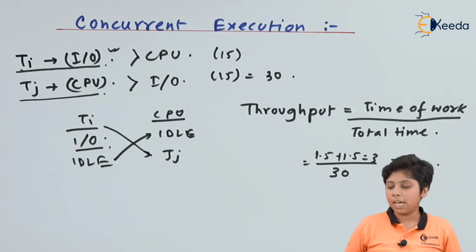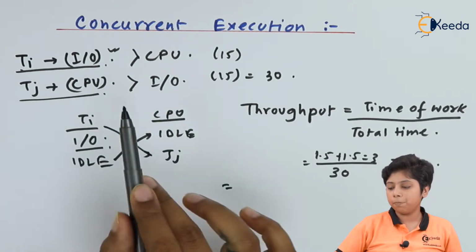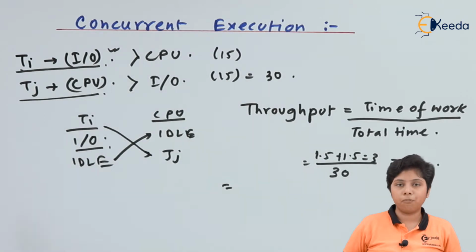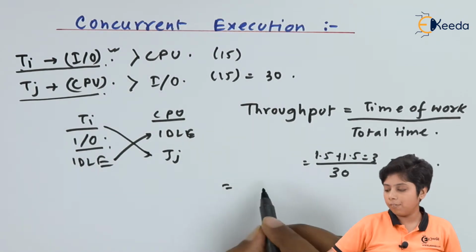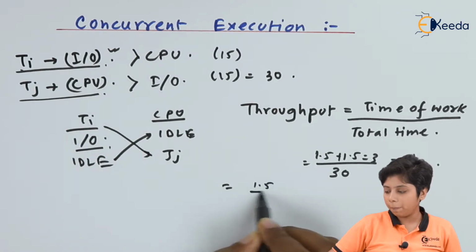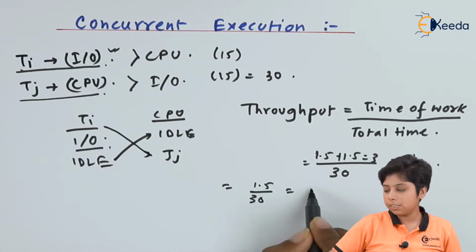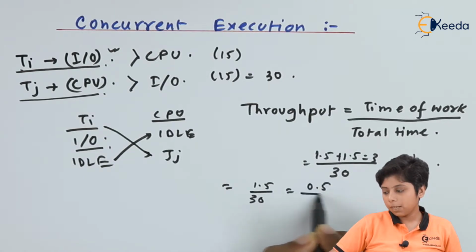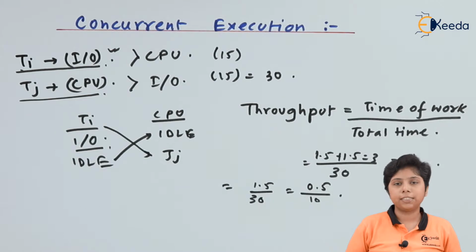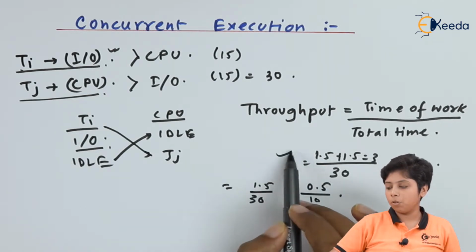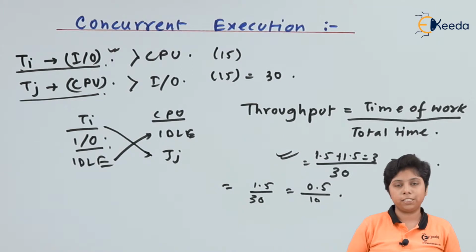Now, on a non-concurrent basis, only 10% of TI will be performed. So we have 1.5 by 30, which is 0.5 by 10. So it is much lesser than the throughput while we are having concurrent execution.